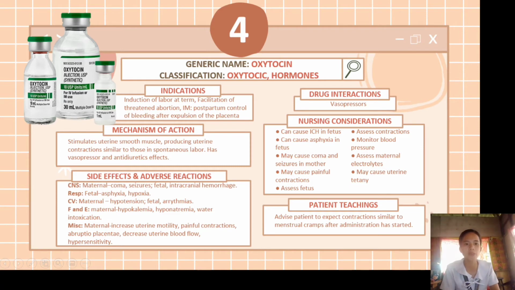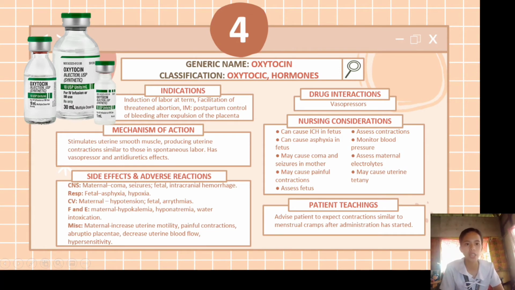The side effects and adverse reactions of oxytocin to the nervous system: maternal coma and seizure, fetal intracranial hemorrhage. To the respiratory system: fetal asphyxia and hypoxia. To the cardiovascular system: maternal hypotension, fetal arrhythmias.